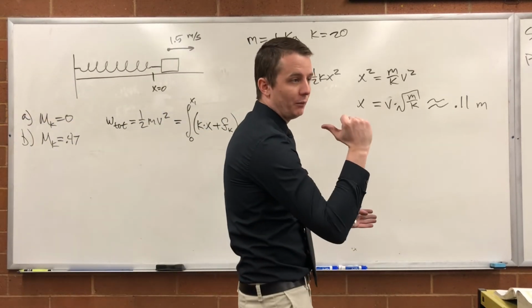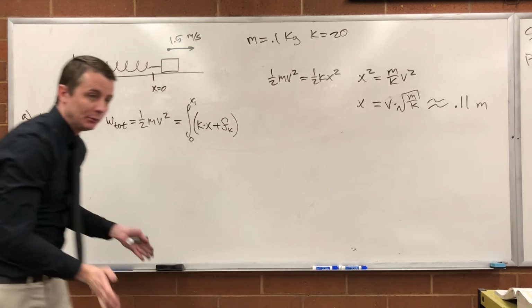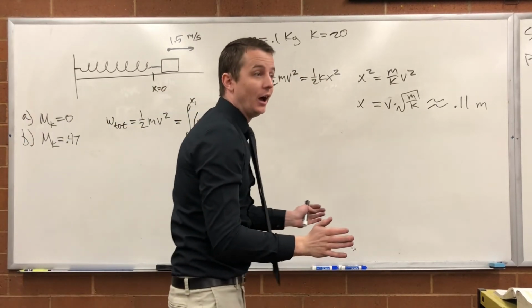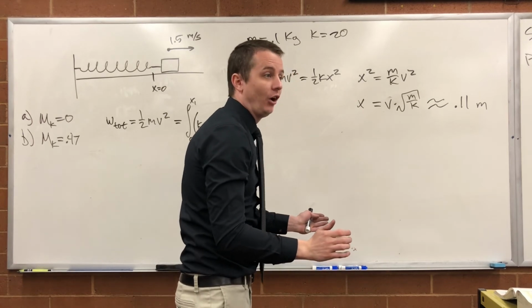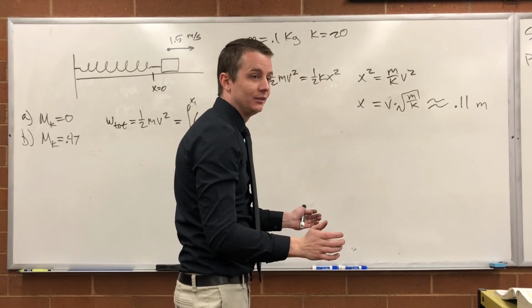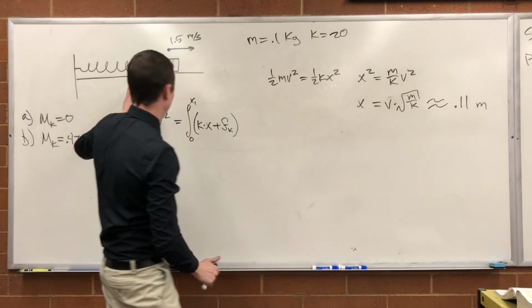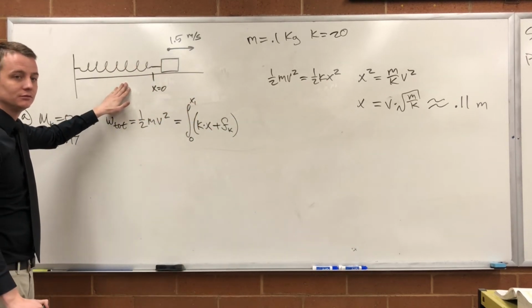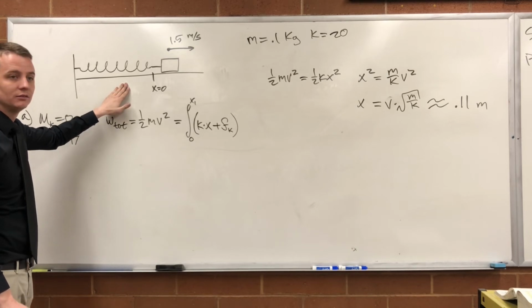Friction's pushing that way, right? Now imagine I have a box and a spring attached to the wall and I'm trying to push it. Now both the spring and friction are opposing me. The spring and friction are in the same direction. Make sense? Yeah, that makes sense.